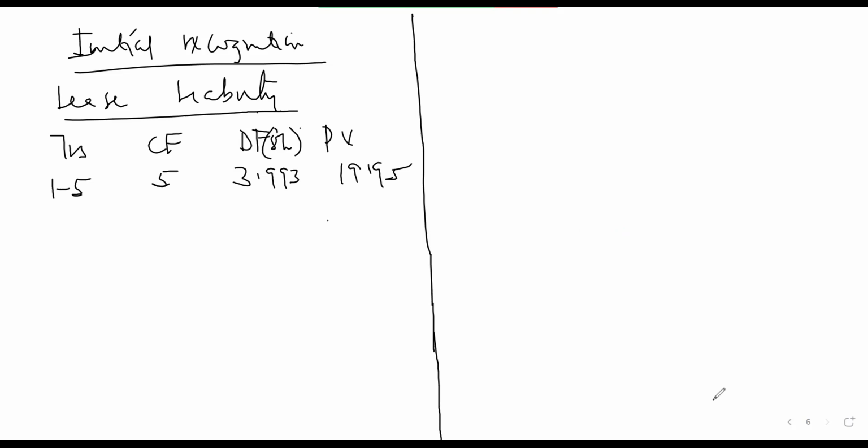Okay. So the question now is, if you see the lease liability, it means that if the company should have cash today, this is what they should be paying. Which rate did you use? I'm using 8%. Okay.